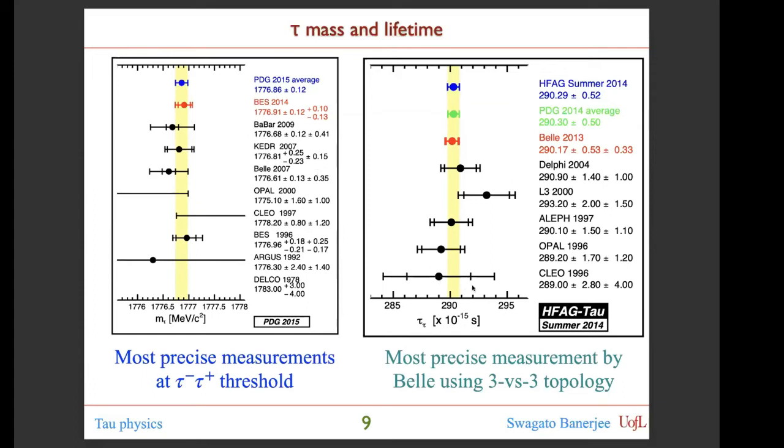For the lifetime, the most precise number comes from the measurement at Belle, which used the 3 versus 3 topology. In this case, a precision of the order of 0.5 femtoseconds has been reached.